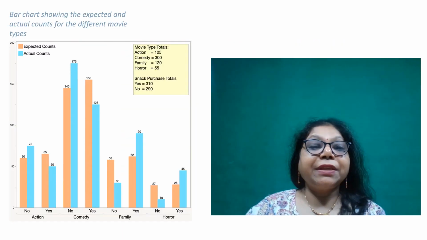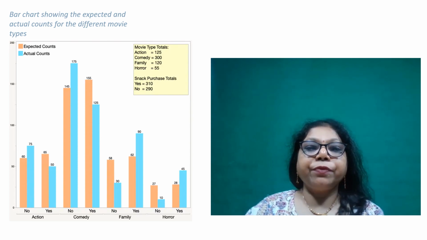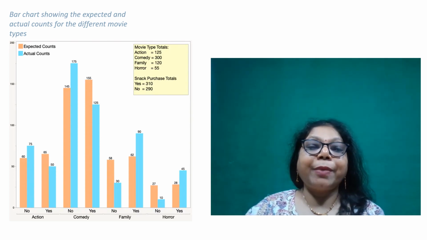So here we can see in the graph, with the numbers and the color differentiation, the expected and the actual counts for the horror movies. We can see that more people than expected bought snacks and fewer people than expected chose not to buy snacks.